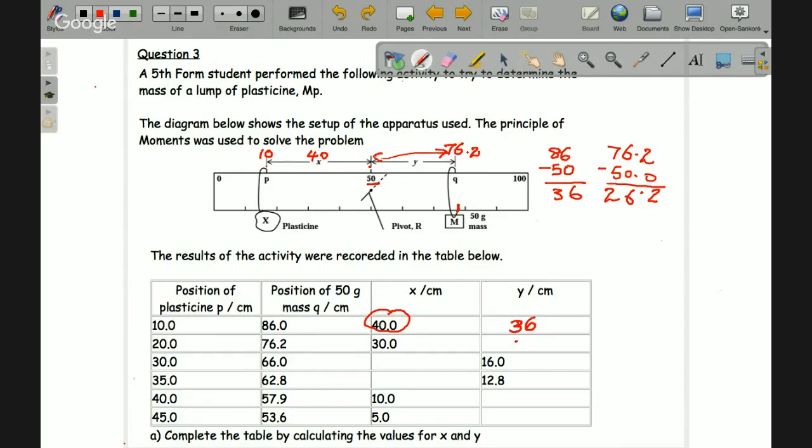So y is 26.2. You do the same thing for all of them.